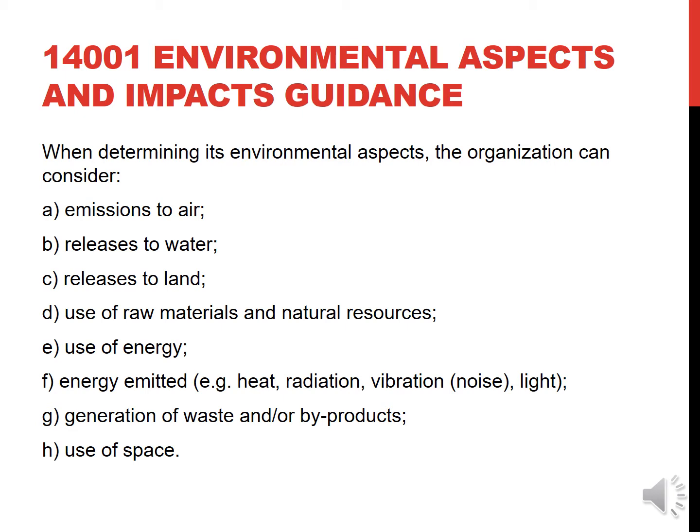So you can start your analysis for the Happy Harry's case study. You can use these as a good start for looking at what the aspects are of each process. This is why you do the inputs and outputs analysis, because that begins to form the foundation for the aspects.